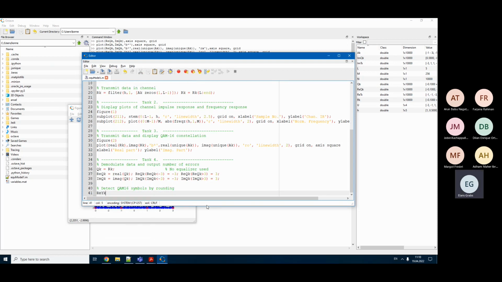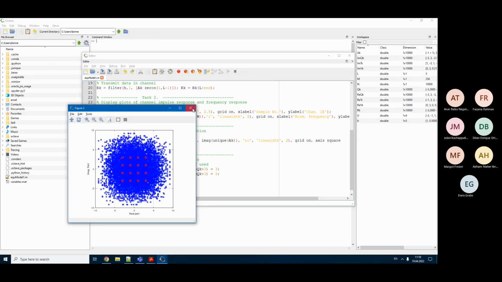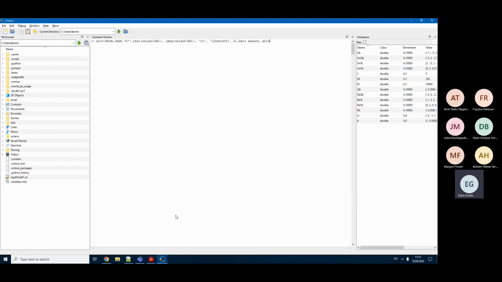So that is going to be, for example, yk as a real part plus 3 divided by 2, and the imaginary part this. Yes, so now I'm going to plot the same again.